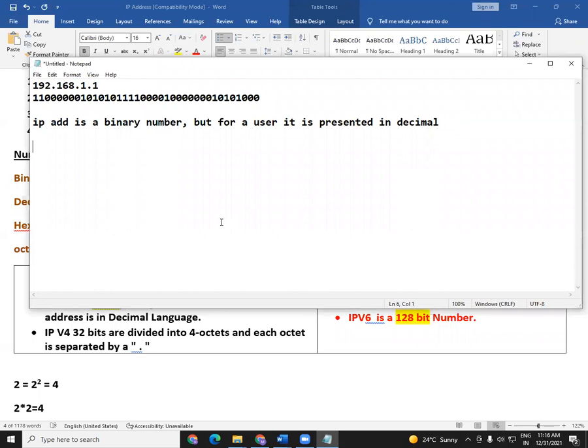Now, how many binary numbers do we have here? In IP version 4, we have totally 32 binary numbers. How many numbers totally? 32 binary numbers. So binary numbers will start with all zeros.